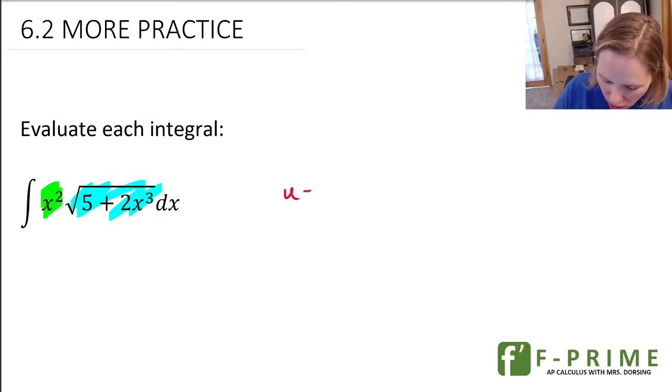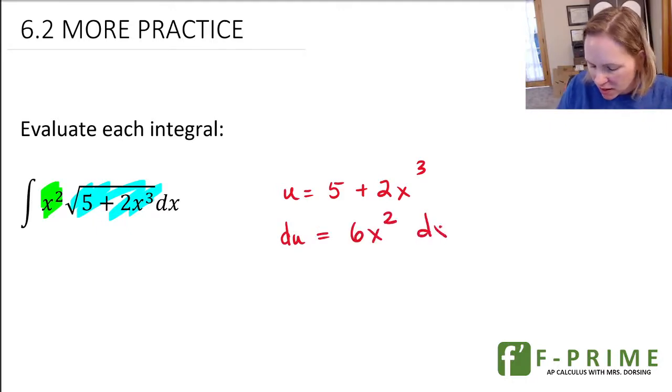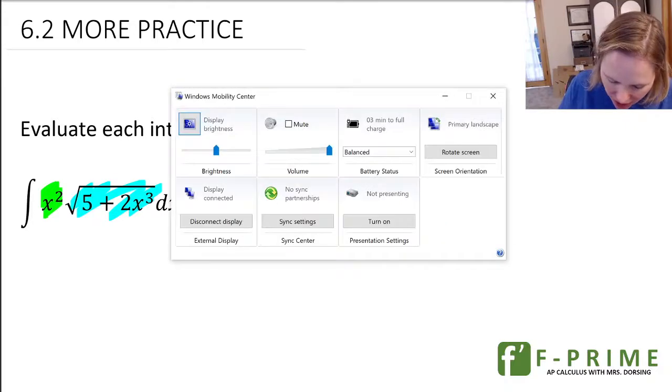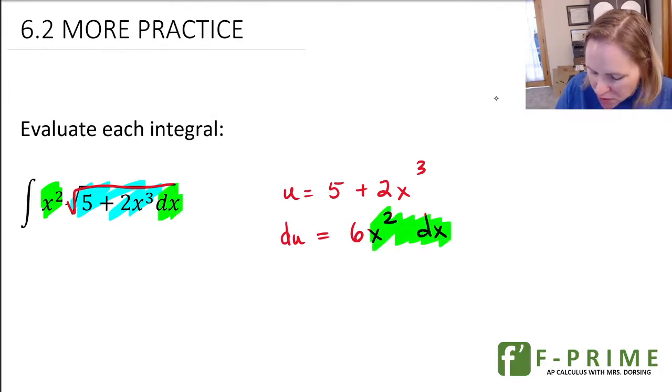And number two, when I define that as my u, and then I find du, whatever I have left, so I have this square root, whatever's left, and here I'll highlight it in green, I have x squared dx. If that shows up when I find du, then I know I'm on the right track.